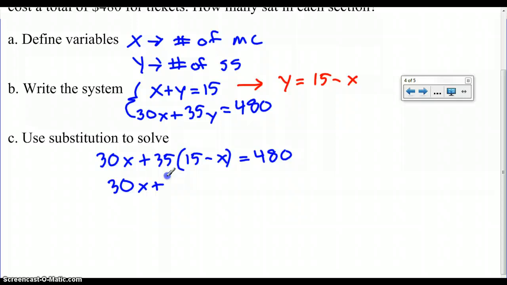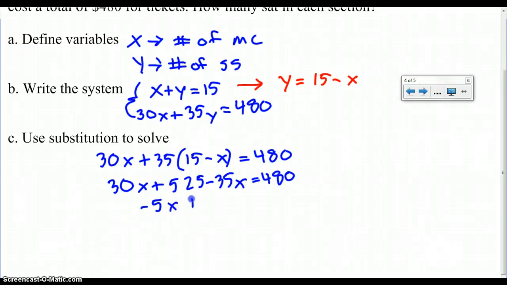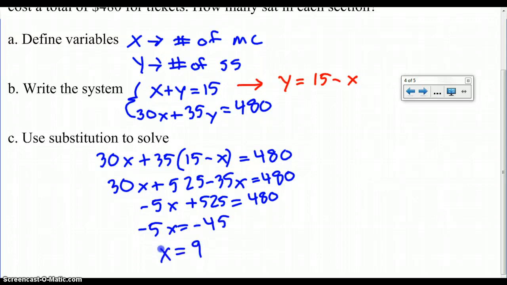You may need to use your machines to do this, but 35 times 15 is 525 minus 35x is equal to 480. All right, let's combine like terms. So negative 5x plus 525 equals 480. We subtract: negative 5x equals negative 45, and then divide. We know that x is 9. Now I'm going to go up to that simpler equation and do 9 plus y equals 15. So I know y equals 6.